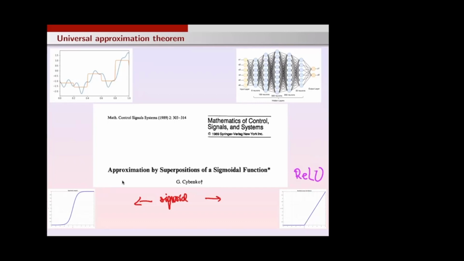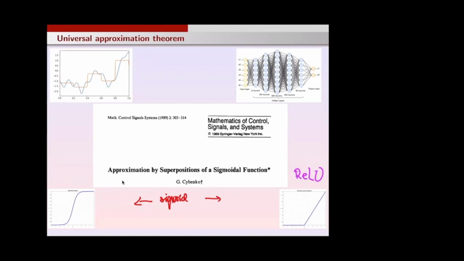So then you see, Cybenko says, approximation by superposition of sigmoidal functions. What is Cybenko talking about? You remember from measure theory the classical result saying that every function can be approximated by simple functions. Simple functions are piecewise constant, right?